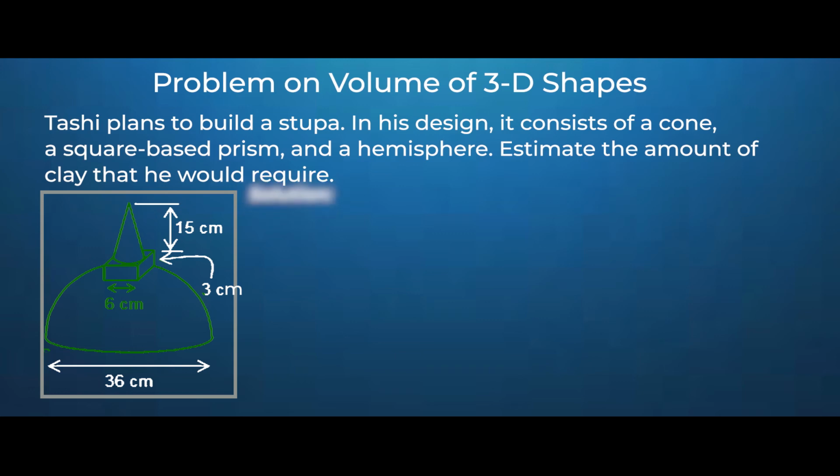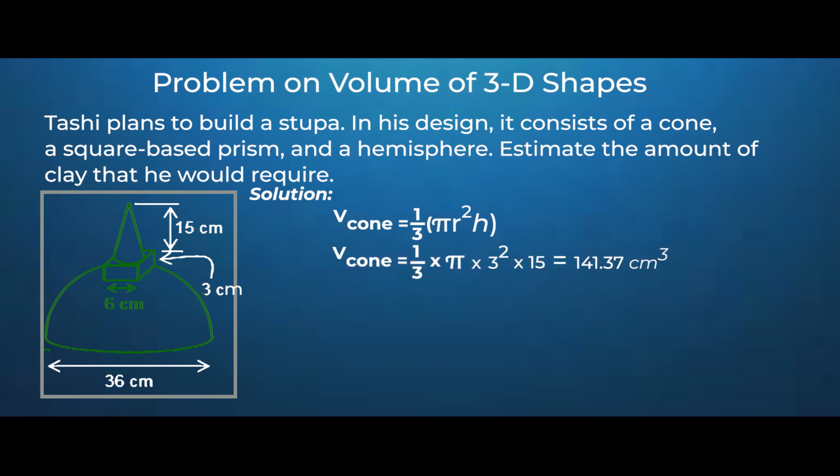So first let's calculate the volume of the cone. So how do we calculate the volume of a cone? The volume of a cone is equal to 1/3 pi r squared h. So you need to substitute the value of r and h from the design. So when we substitute the values, we get volume of cone equals 1/3 times pi times the radius.